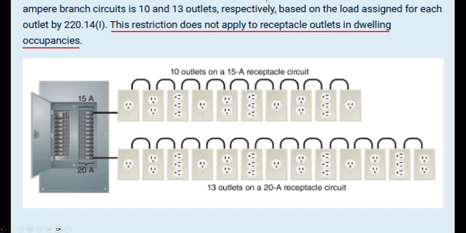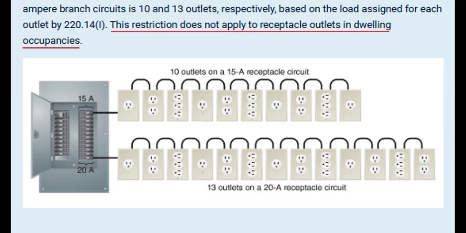I feel like my screen is not large enough for you guys to see the top part of this. In the exhibit below, the maximum number of receptacle outlets permitted for 15 amp branch circuits is 10 and 13 outlets for 15 and 20 amp circuits, respectively, based on the load assigned for each outlet by 220.14. This restriction does not apply to receptacle outlets in dwelling occupancies.